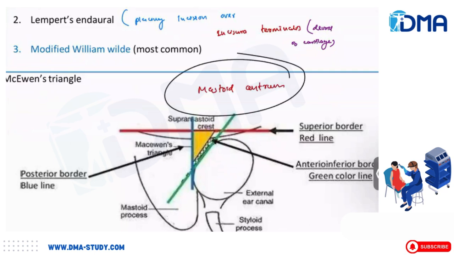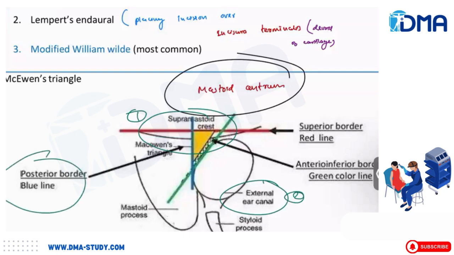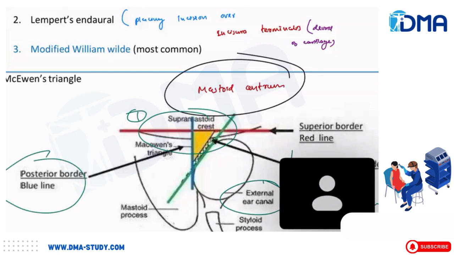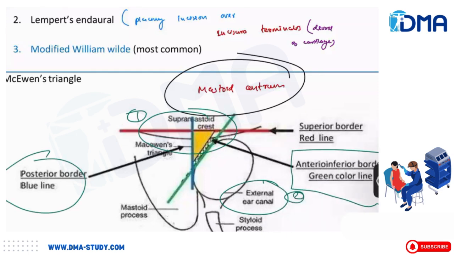So to identify this mastoid antrum, we are having a triangle called McEwen's triangle. Under this McEwen's triangle, we are having three lines. One is the supramastoid crest line. Second one is the external ear canal posterior line. Then a tangent joining these two lines. So these three are the lines.